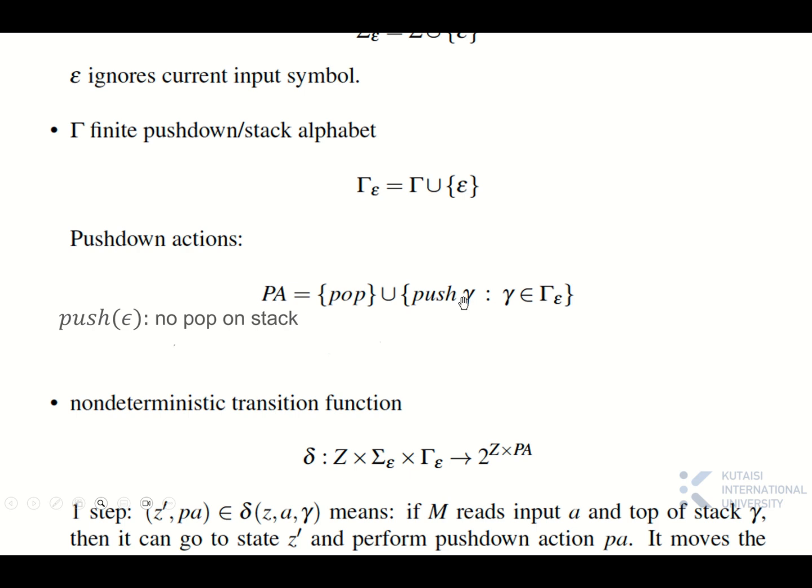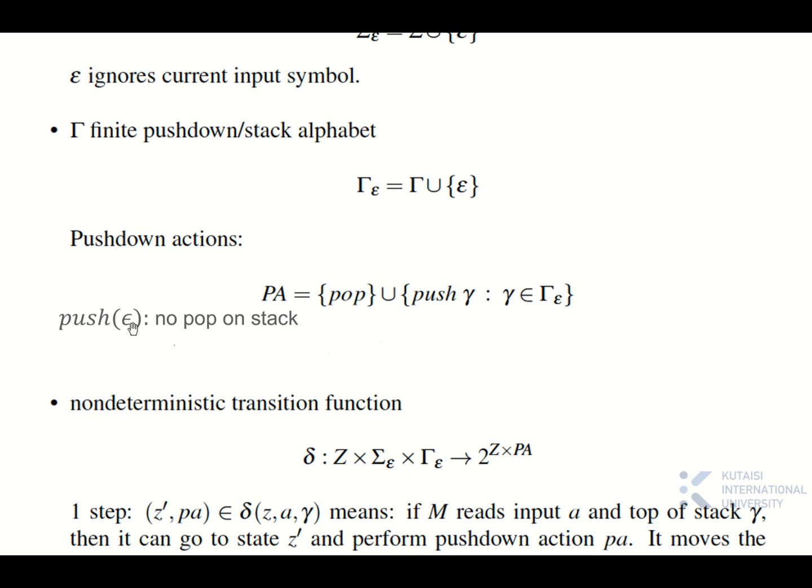In my example I had many different things I can push there. So let's say it's numbers 0, 1, 2, 3, 4. So you can remove from the stack, or push 0, push 1, push 3, or push 4. So there are 5 things you can push, but only 1 remove. And pushing epsilon means doing nothing.